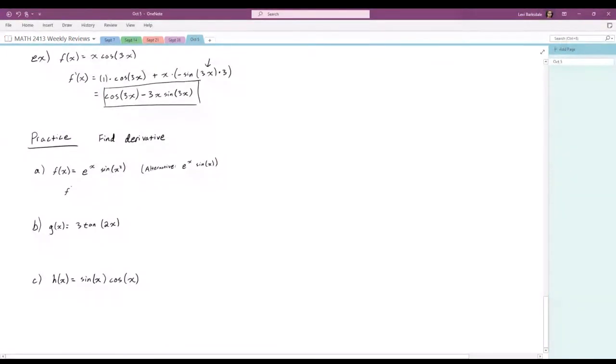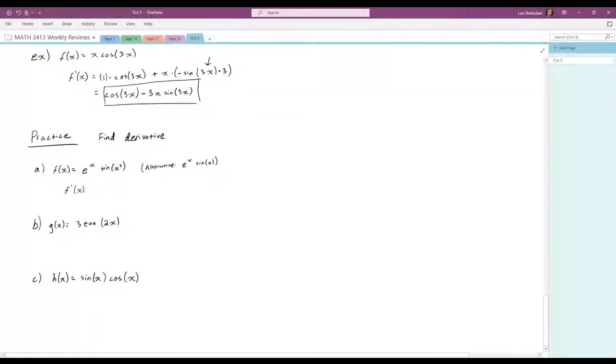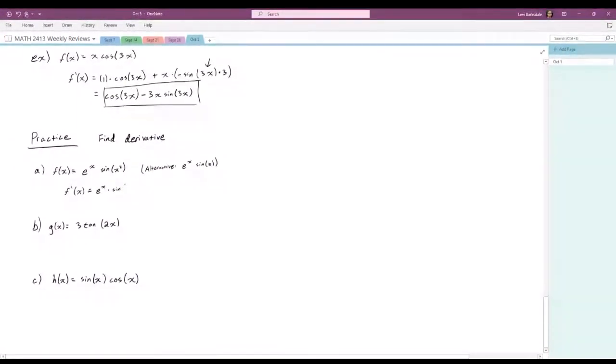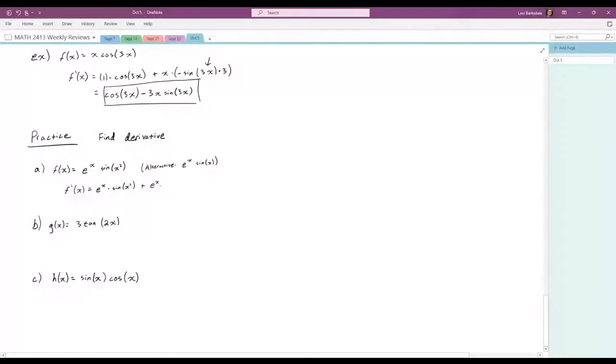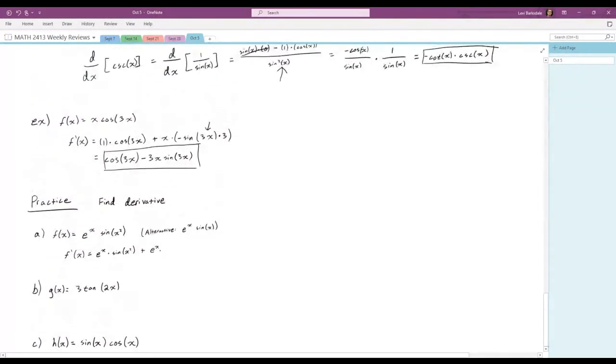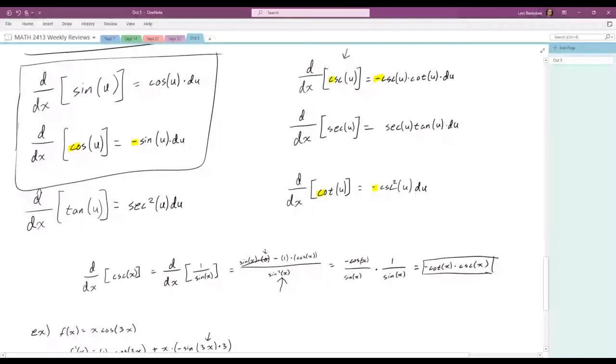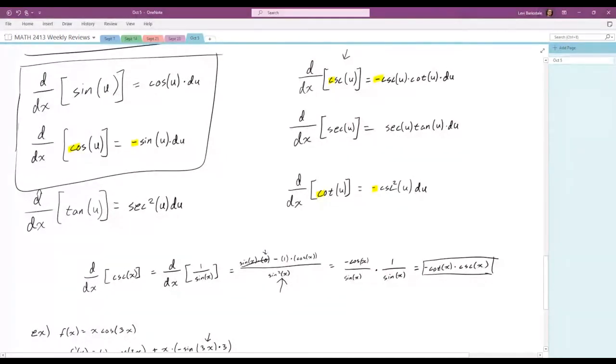So by the product rule, we would say the derivative of our first function is e to the x, leave our second function alone, plus our first function multiplied by the derivative of our second function. Now, the derivative of sine of x squared, well, we have a formula that tells us what the derivative of sine is.